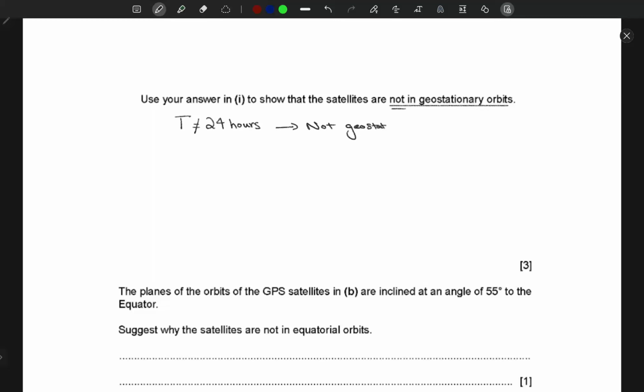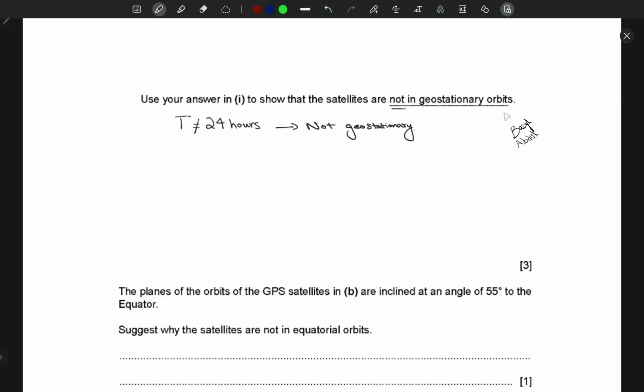Geostationary really means that the time period of the rotation of the satellite is equal to the time period of the rotation of the Earth, right? That's how we define geostationary, for any object that lies in a geostationary orbit.